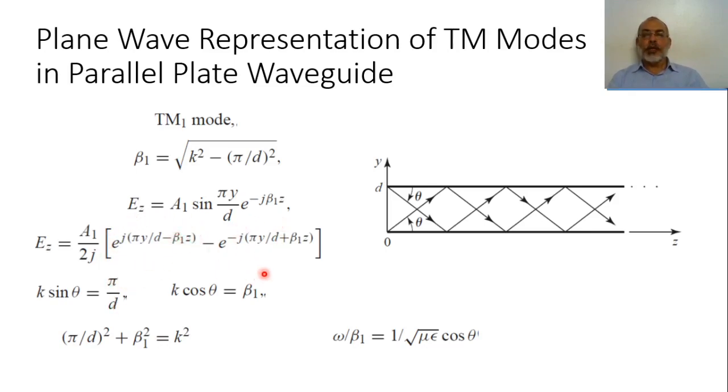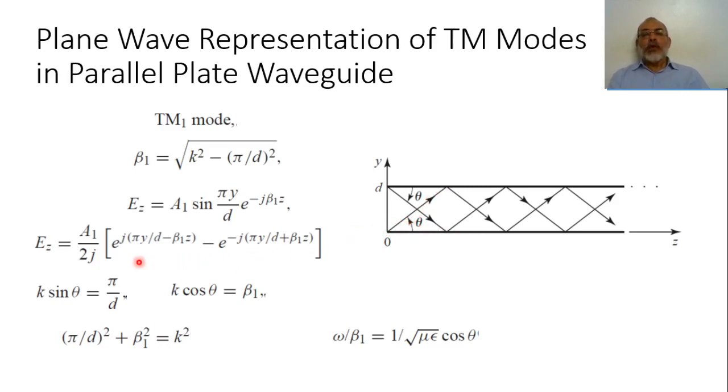The second component corresponds to a wave propagating in the positive y direction with propagation constant π/d, and in the positive z direction with propagation constant β1. So in this case, we have propagation in y and in z, and the total propagation will be tilted by an angle theta in this direction.